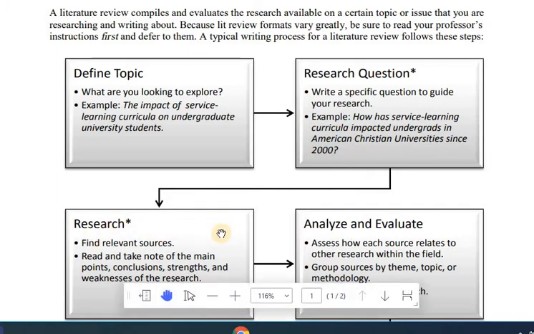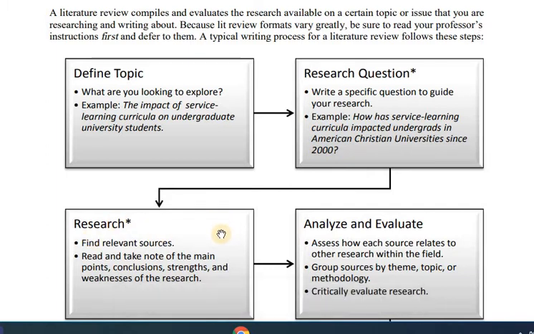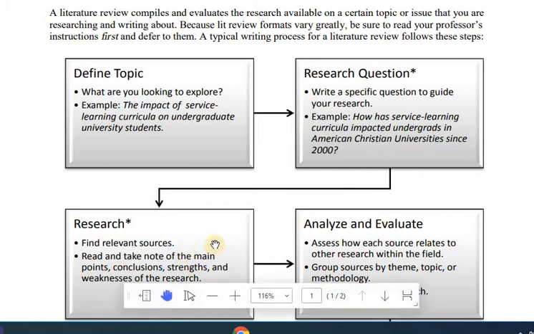And you already looked for articles and synthesized from them, looking for the main points, conclusions, strengths, and weaknesses of each paper.